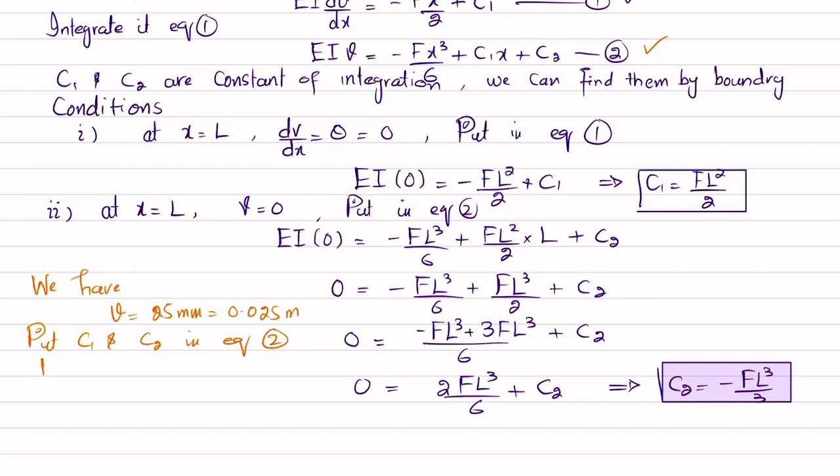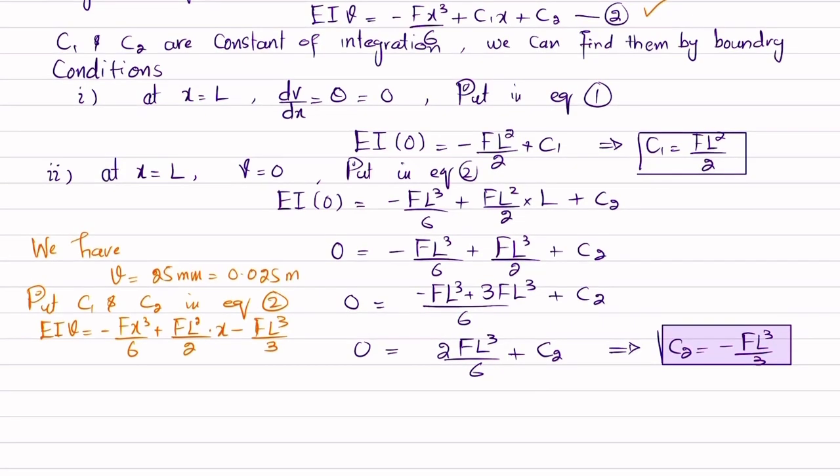So you will get EI into V is equal to minus Fx cube over 6 plus C1, which is FL square over 2, into x plus C2, and C2 is minus FL cube over 3.